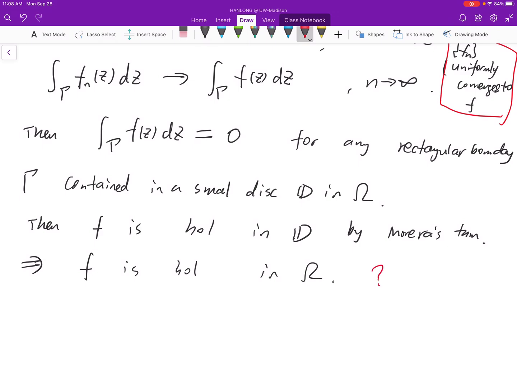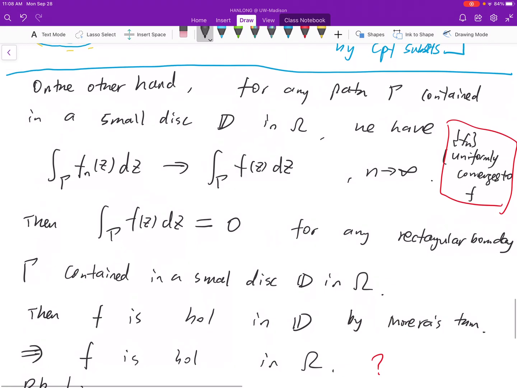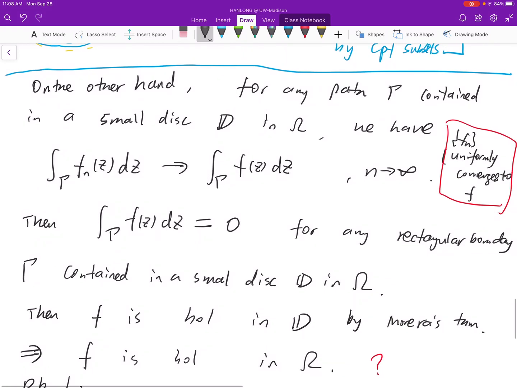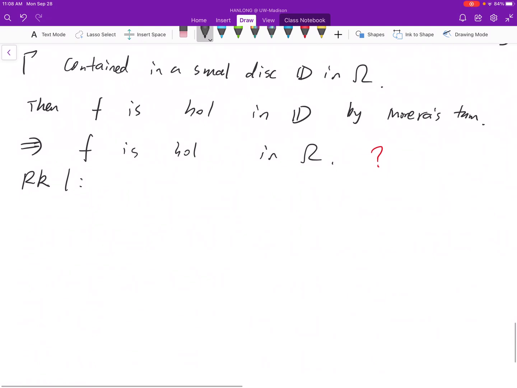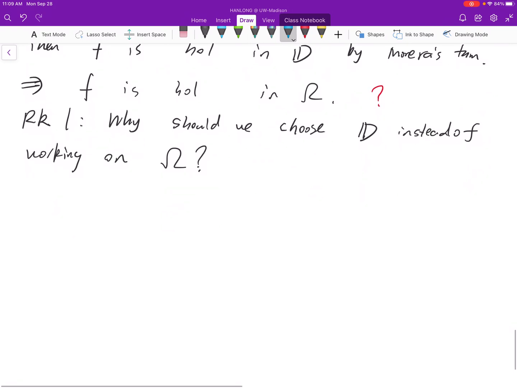So think about this property. I should make a remark about the line integral along gamma. I should first ask a question: why should we choose D instead of working on the whole domain omega? This is very crucial. I give you an example.